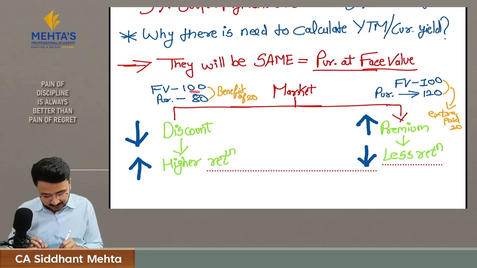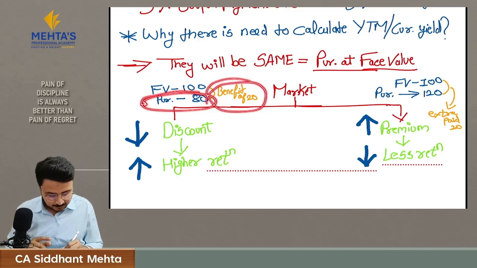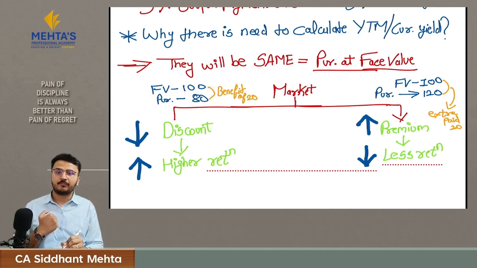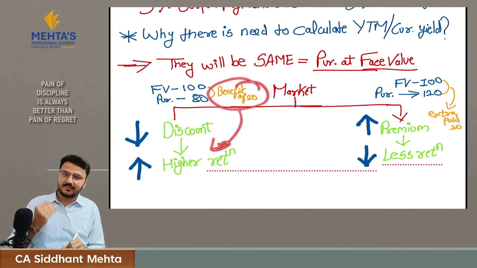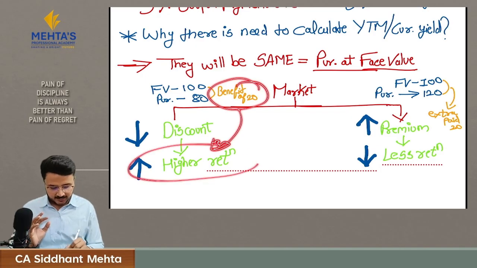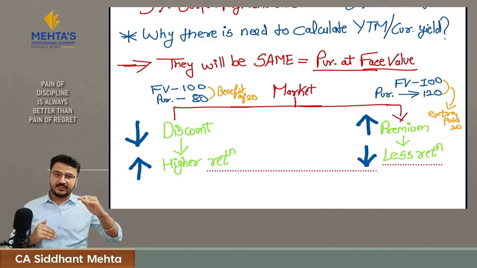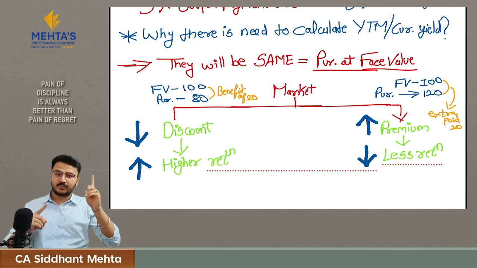But if I purchase this bond at 80 rupees, then at the time of principal repayment, I will get the benefit of 20 rupees. I have paid 80, but now you are repaying me 100 rupees. So this 20 rupees will help me have a higher return. So if you want a higher return, then the price of the bond must be at a discount. If you want to increase your return, then your bond price will decrease, because they are inversely proportionate.